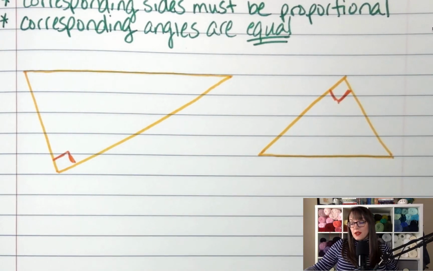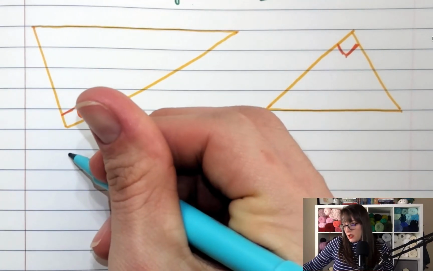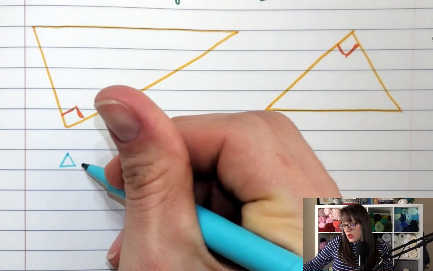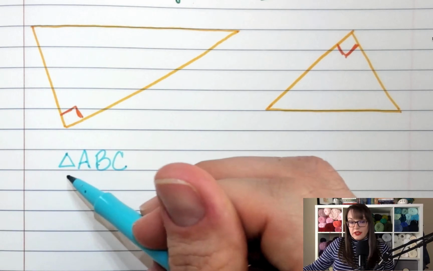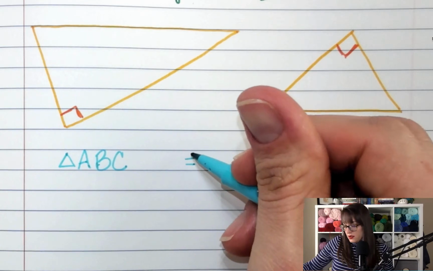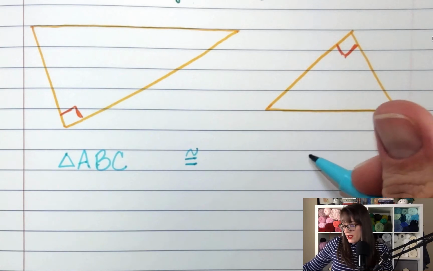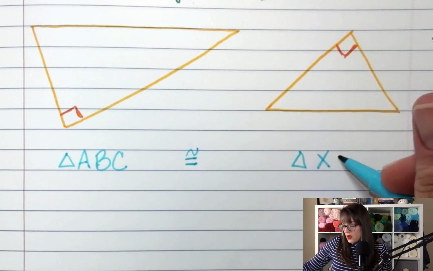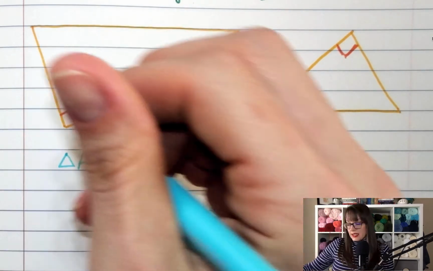Now, when we name triangles, they give you a lot of information in just the name itself. So if they tell you triangle ABC, so this one's going to be triangle A, B, C. And you read this: triangle A, B, C is similar, an equal sign with a squiggle on top, to triangle X, Y, Z. Now they are going to label it.